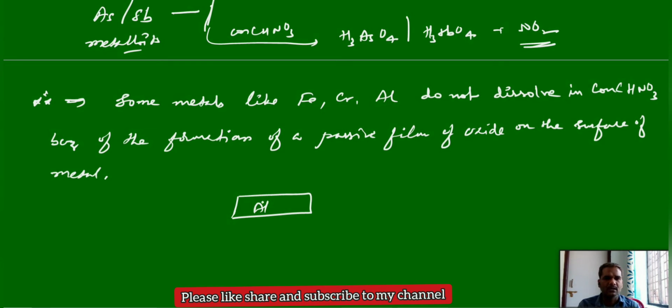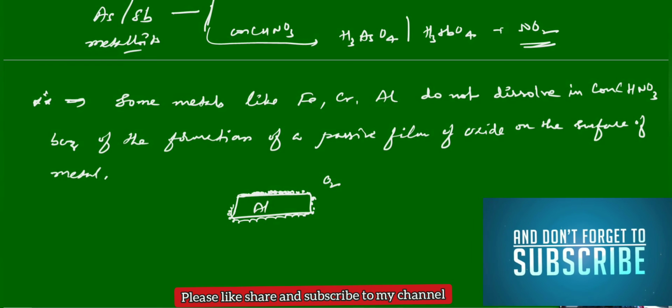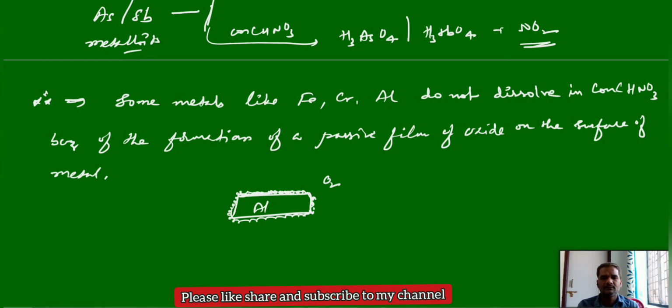Aluminium or iron, in the presence of concentrated nitric acid, can react with atmospheric oxygen and form a thin coated layer, an aluminium oxide layer, Al2O3, and this layer stops the further contact of aluminium with concentrated nitric acid. That is why they show passivity towards concentrated nitric acid. This is possible with this type of metals.